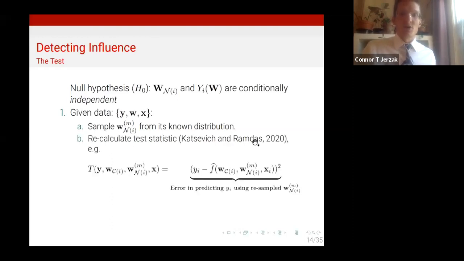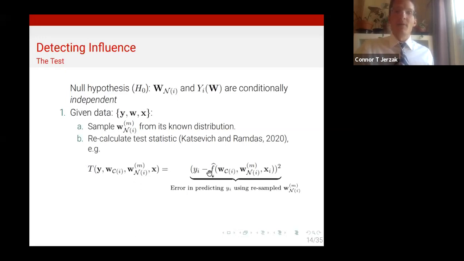There's some recent work showing that something like the following could be a particularly powerful test statistic. The test statistic will be something like the predictive error in predicting the outcome for unit I using the resampled version of what happened to everyone in the testing group in the experimental setting.